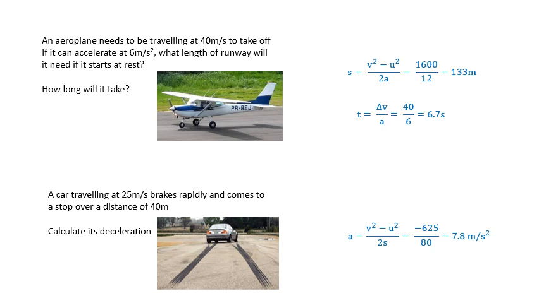And in the second example at the bottom, we're working out a, so rearrange the equation for a. You can say minus 7.8 meters per second squared. If it says deceleration, then you don't really need the minus sign. We know it's slowing down.